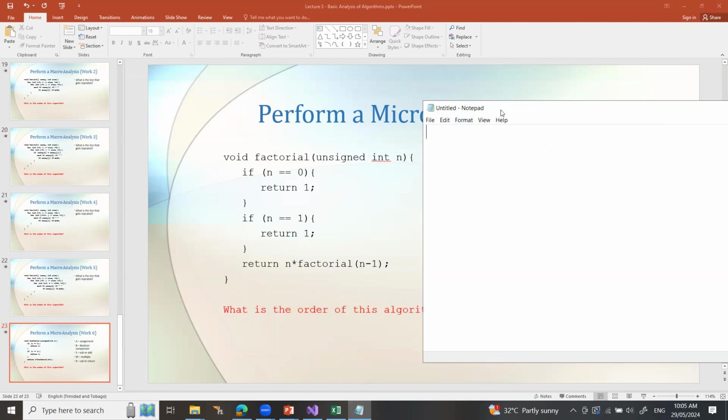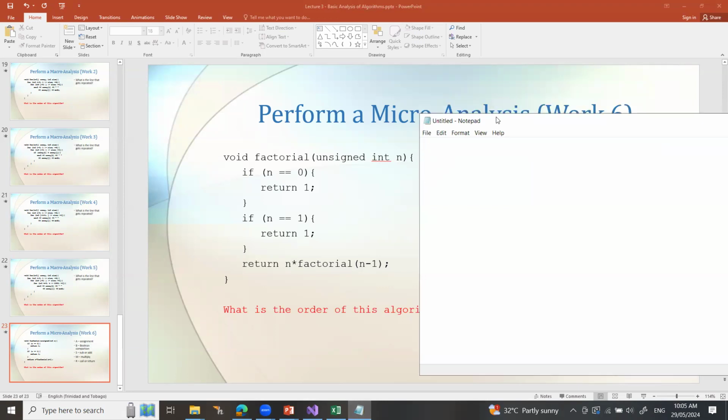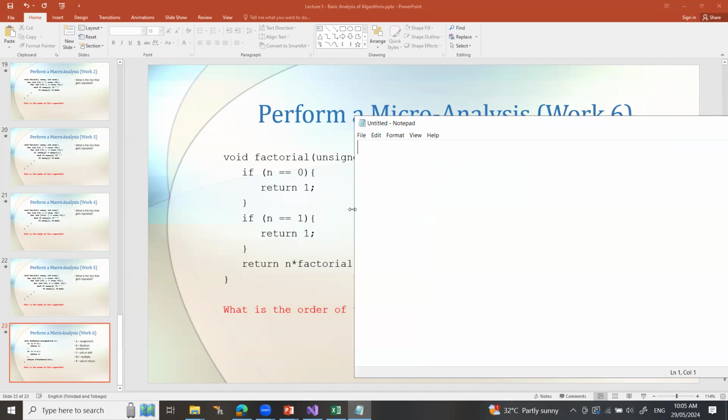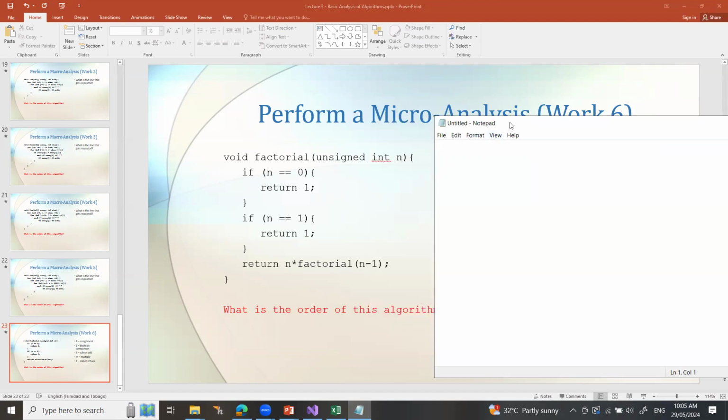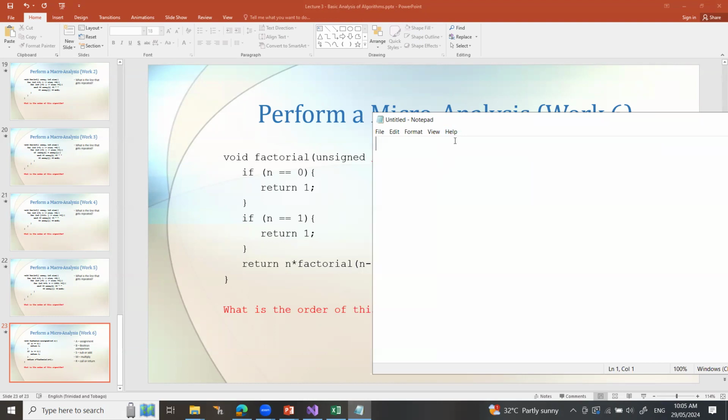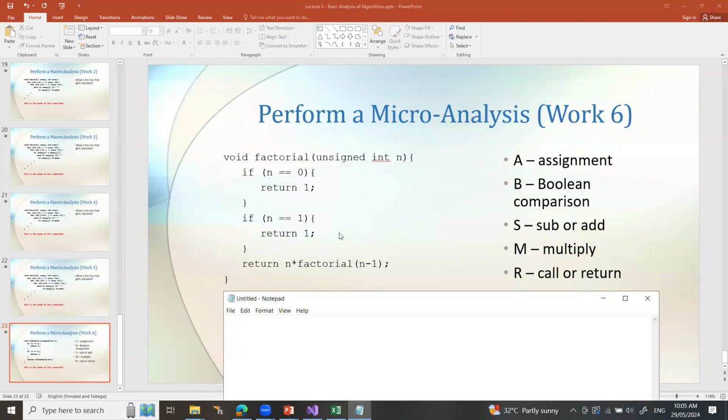I think that's a year 2 thing. You all remember recurrence relations from maths? So let's try to write a recurrence relation for this. Let's start with T of 0. How much time, when n is 0, will this function take?